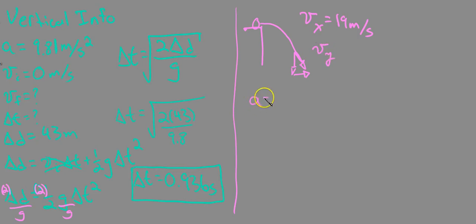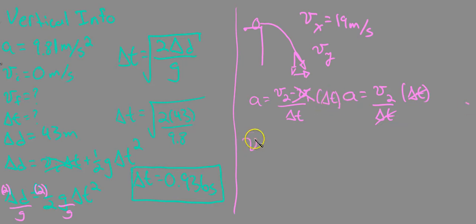Now, I know acceleration is equal to v2 minus v1 all over change in time. And I know my initial velocity is 0, so I can get rid of that. So acceleration will be my final velocity divided by my time. And if I multiply both sides by time, my final velocity in the y direction is going to be acceleration times time.